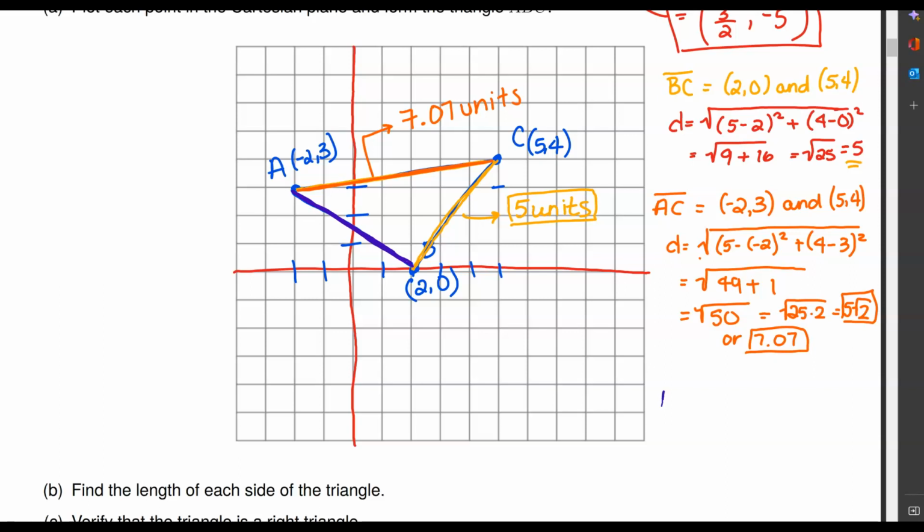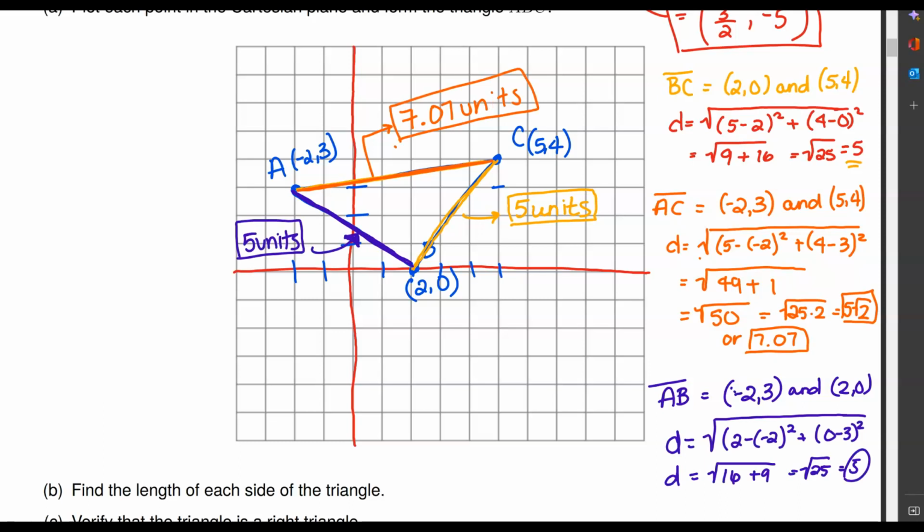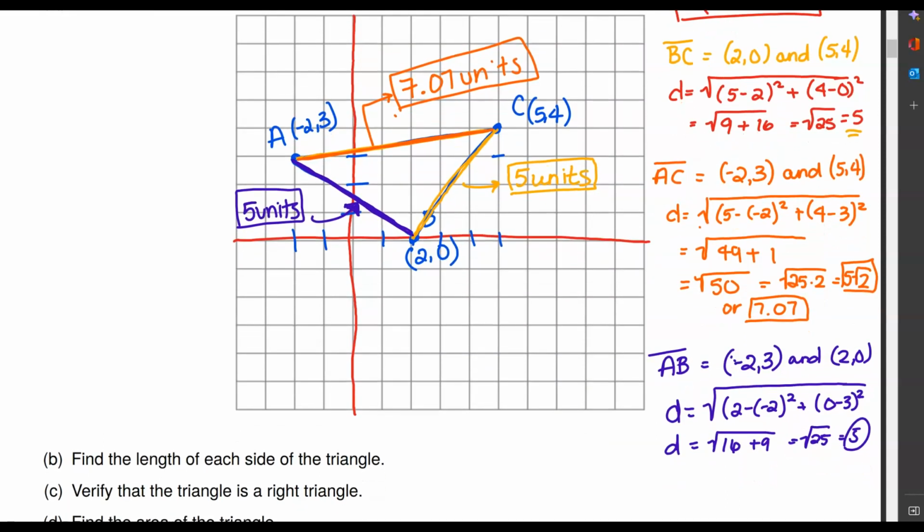And so AB is going to be the points -2 comma 3 and 2 comma 0. Go ahead and calculate that distance. All right, for our last one here, did you get 5 units? So we have 2 lengths of 5 units and then 7.07 going from A to C.